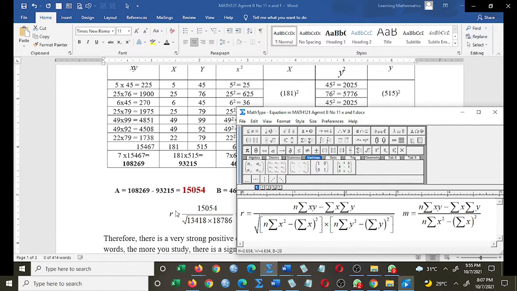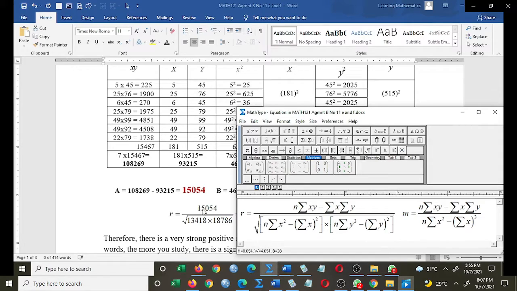So like the answer, or like the two numbers? What number? 15054. Logically, R is equal to the numerator divided by this number times this number, square root.